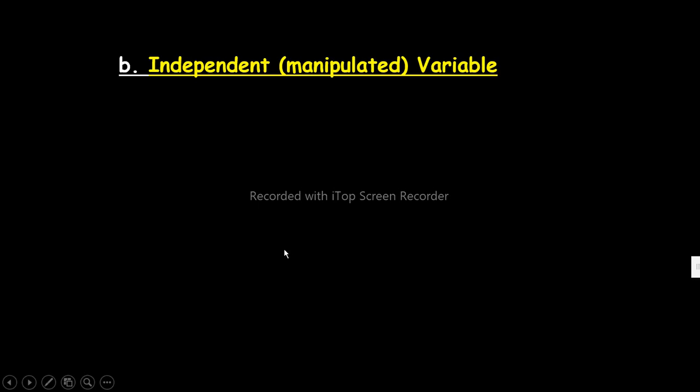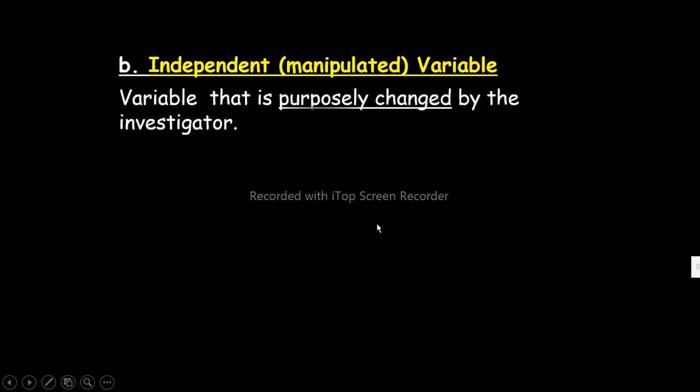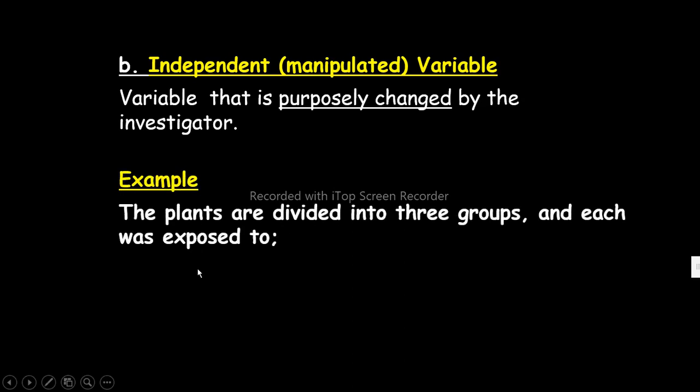And the independently manipulated variable is that factor. Usually there are factors which affect the life processes. It is that factor that can be changed purposely to investigate its effect on the life process, on the dependent variable. And in our experiment, you're going to divide these plants into 3 groups.